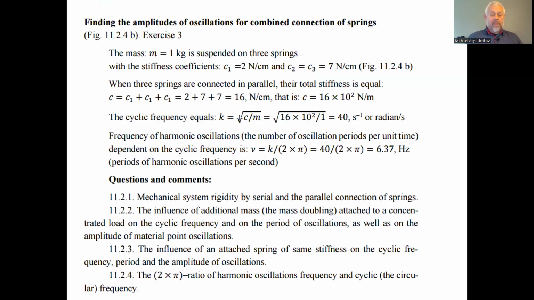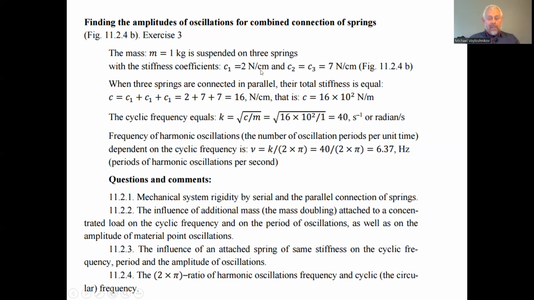The load of mass 1 kilogram is suspended on 3 springs with the stiffness coefficient of the first spring 2 Newton per centimeter. The stiffness characteristic of the spring is the force arising in the spring when we deform the spring by just 1 unit of deformation.